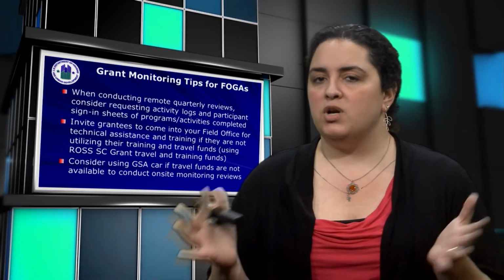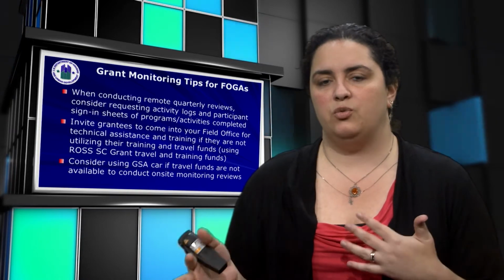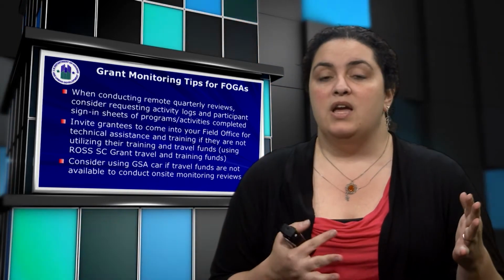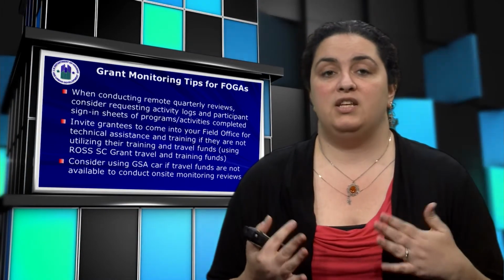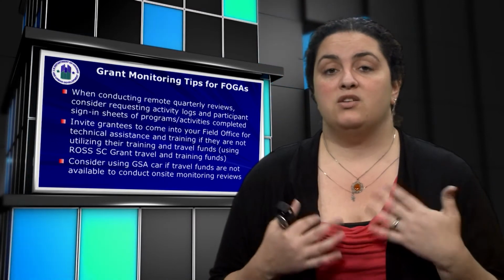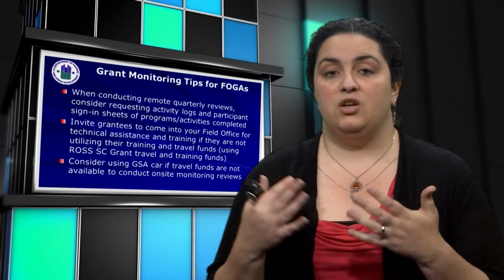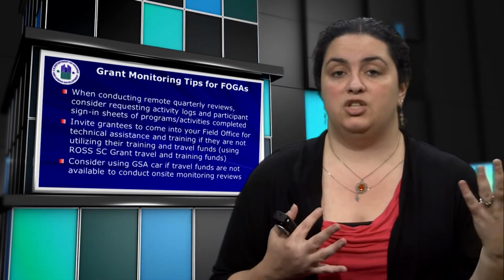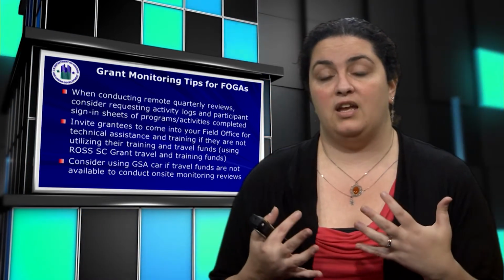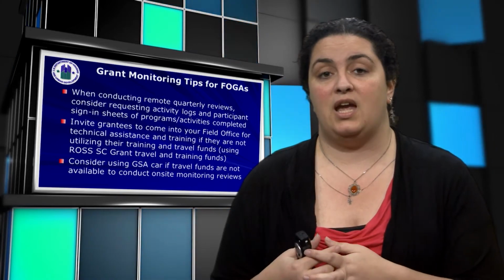We have more data on the FSS program through PIC, but a lot less data on ROSS. So you should feel free to request that information to your comfort level, because ultimately, they're going to be responsible to you about whether they are spending their money correctly and engaging the residents that they need to engage.